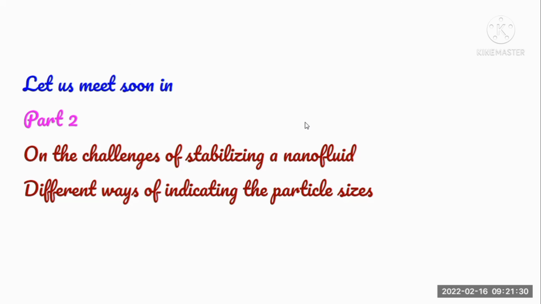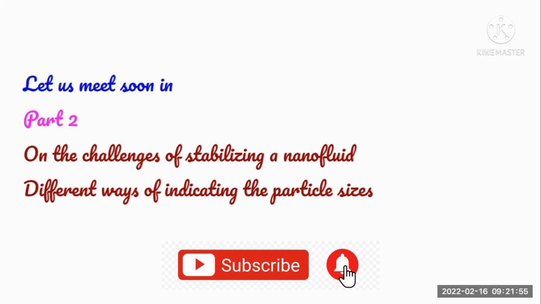How can we prevent the particles from settling at the base of the fluid? And once it is stabilized, the particle size inside the fluid must be one of the indicative parameters that defines its purpose in different applications. So what are the different ways of indicating such particle sizes?